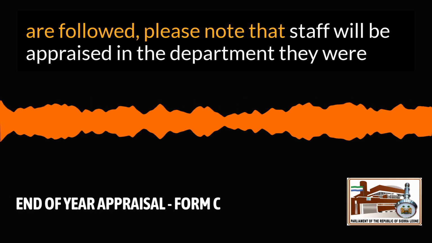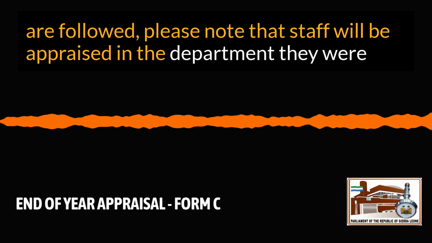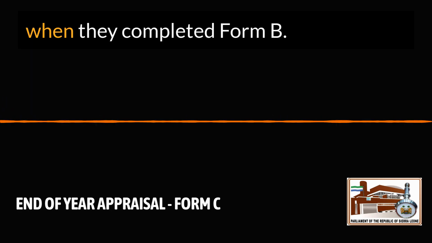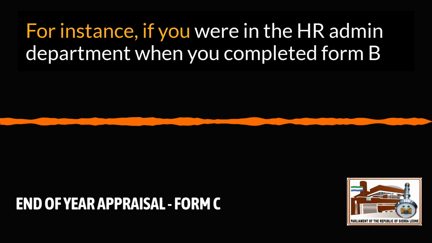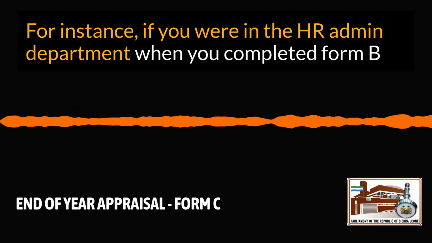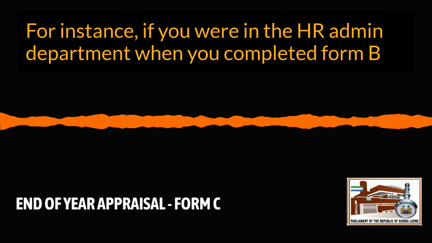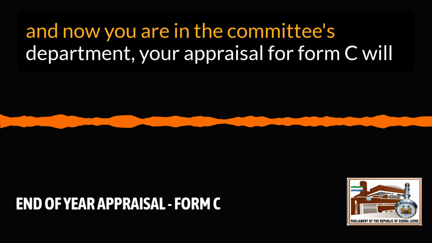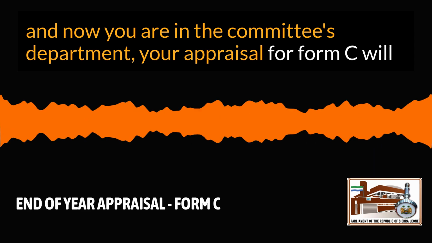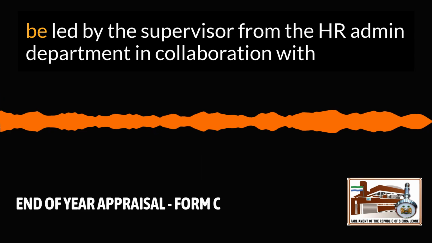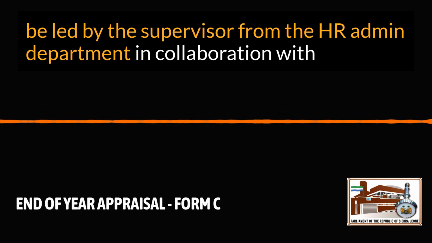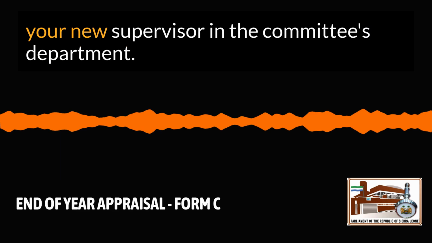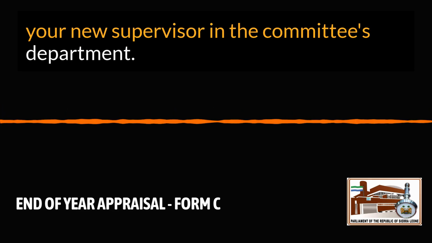Please note that staff will be appraised in the department they were in when they completed Form B. For instance, if you were in the HR Admin Department when you completed Form B and now you are in the Committees Department, your appraisal for Form C will be led by the supervisor from the HR Admin Department in collaboration with your new supervisor in the Committees Department.